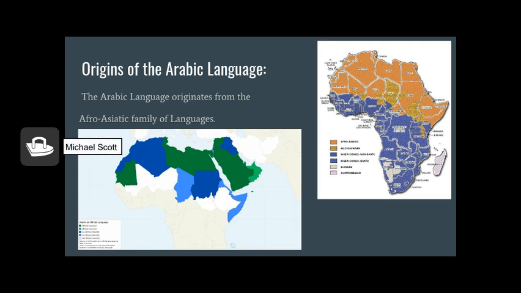So, when we're talking about origins of the Arabic language, we are talking about where the language originated from. And the Arabic language originates from the Afro-Asiatic family of languages. That includes several languages. It includes Arabic. It includes Hebrew. It includes Somali. They're all Semitic languages.